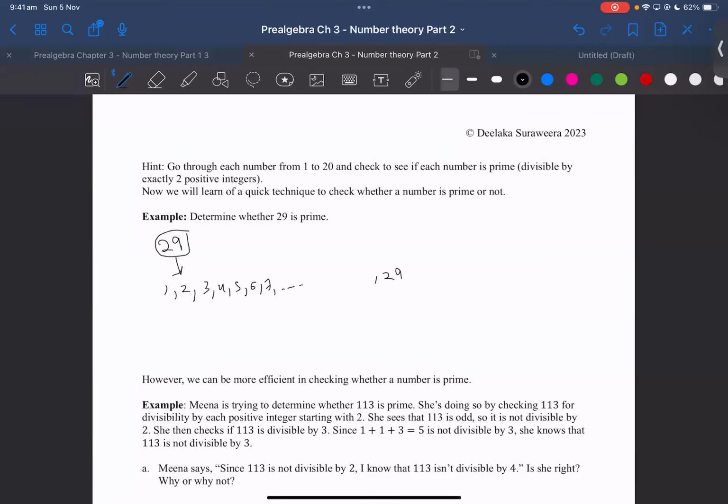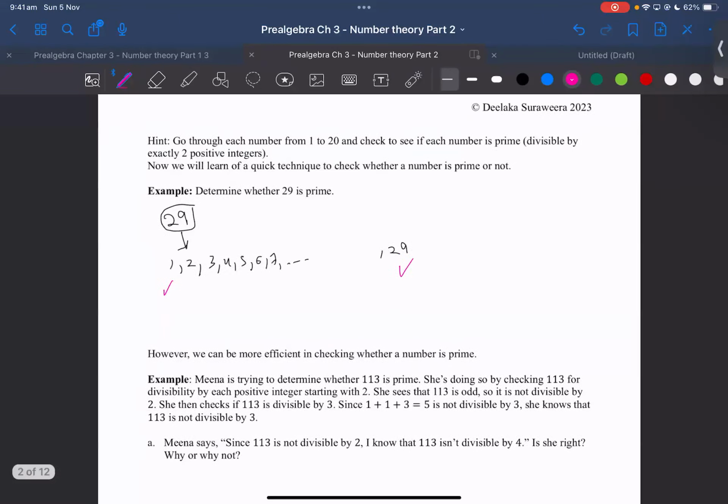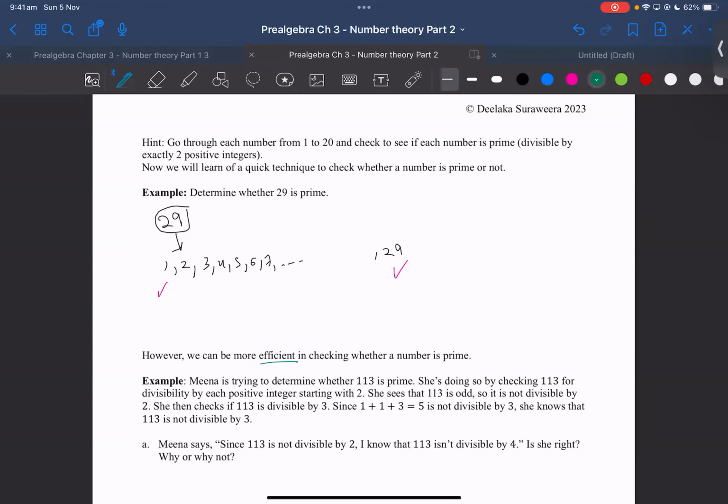So it is prime. Only these two will work. We're probably not going to go through all the numbers, but if you do, you see it is prime. But we're trying to be more efficient so we don't waste our time. In math, the goal is to save as much time as possible.